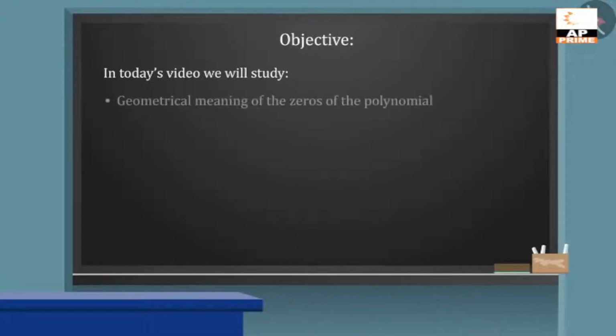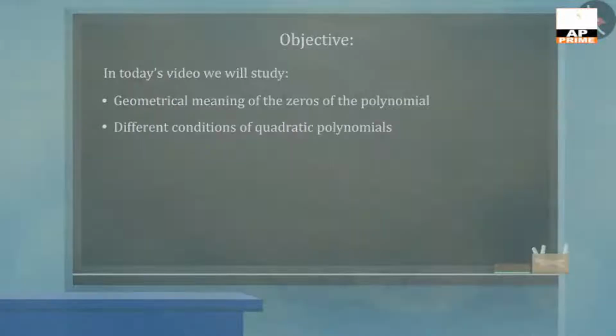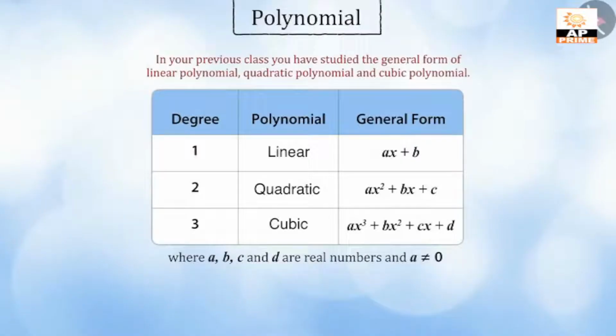In today's video, we will study the geometrical meaning of the zeros of the polynomial and discuss the different conditions of quadratic polynomials. In the previous video, you studied the general form of linear, quadratic, and cubic polynomials.